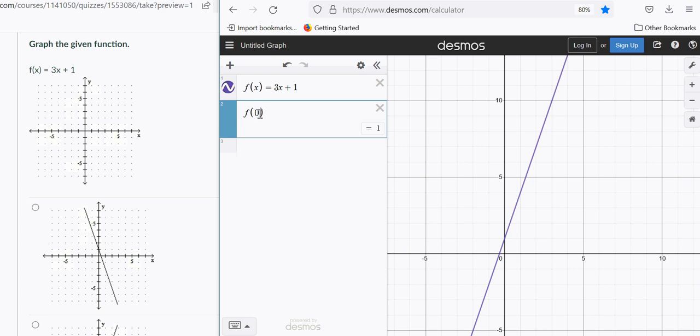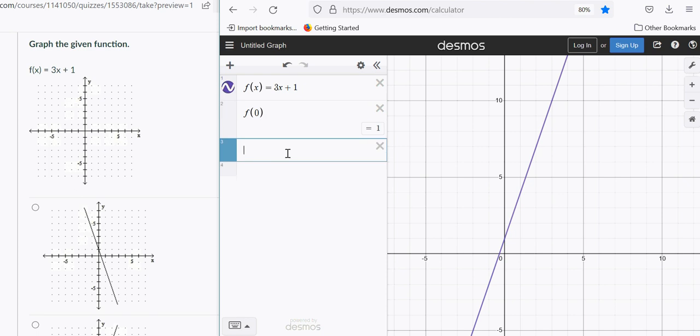So x is 0, we have a 1. You see 3 times 0 plus 1. 3 times 0 is 0 plus 1, so you get 1.